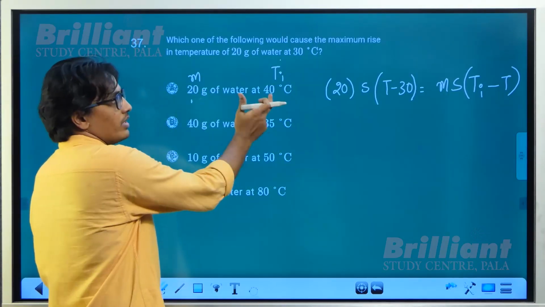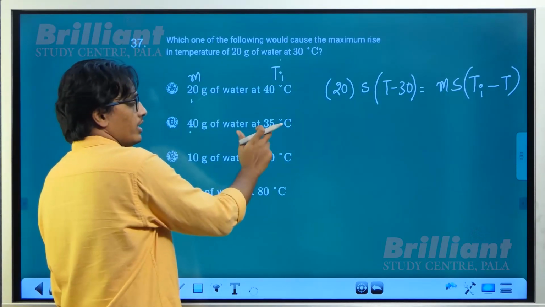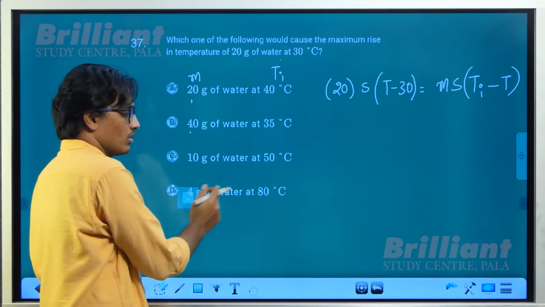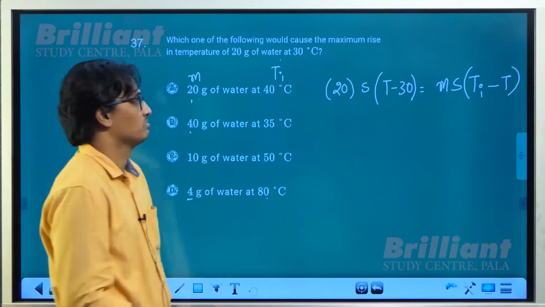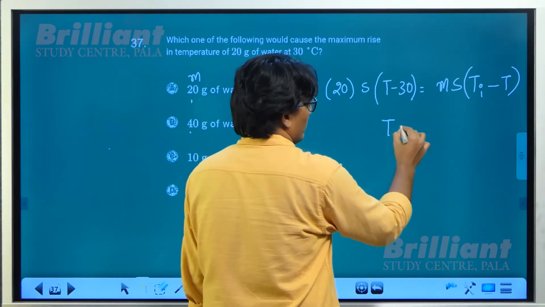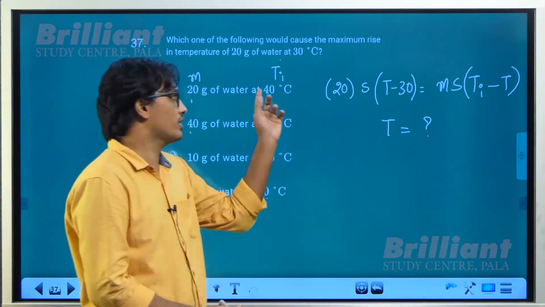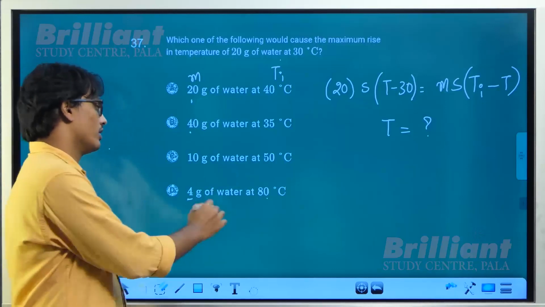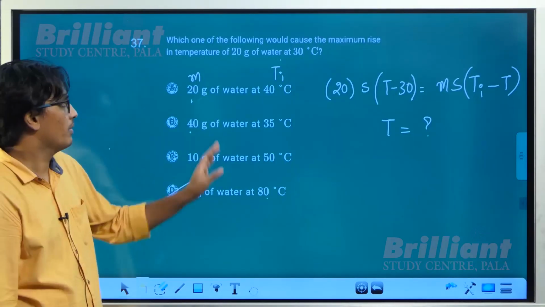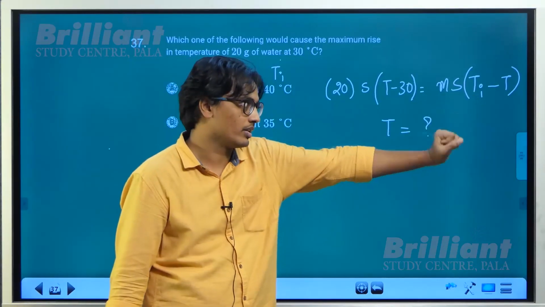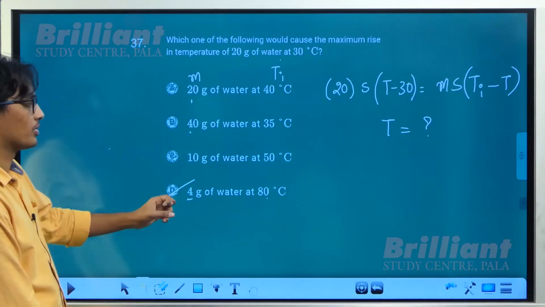Mass is 20 grams, initial temperature is 40. Mass is 40, initial temperature is 35. Mass is 10, initial temperature is 50. Mass is 4, initial temperature is 80. On solving, you can find T. Substitute each time and check with the options. You'll get option D as the answer.